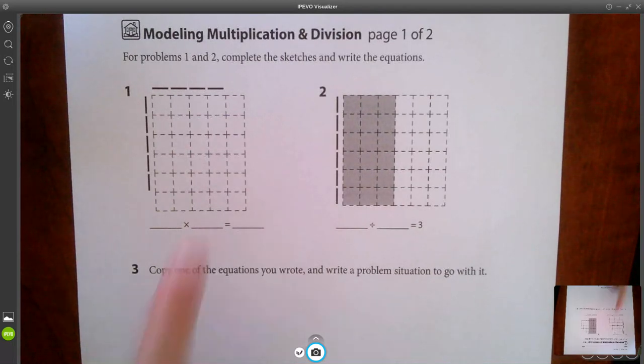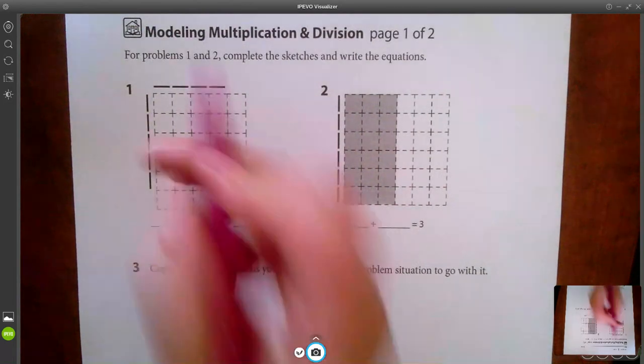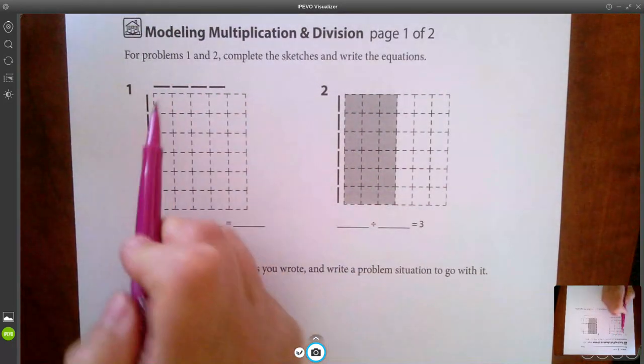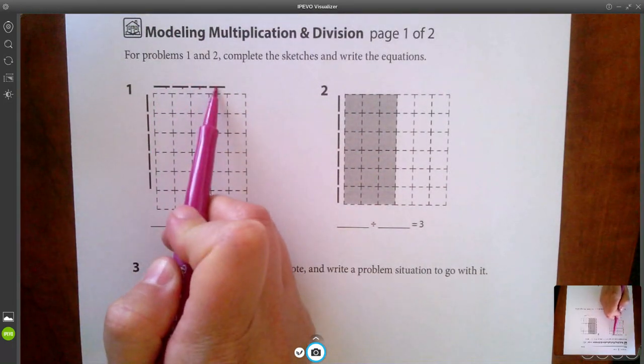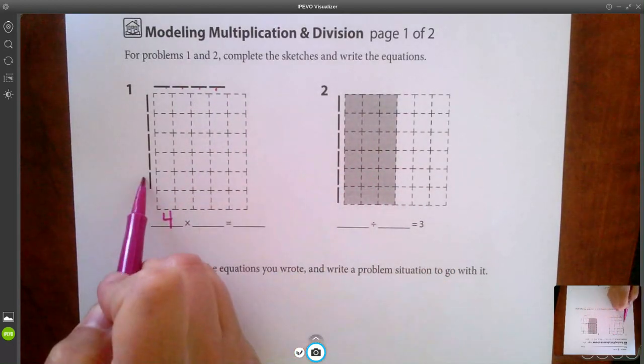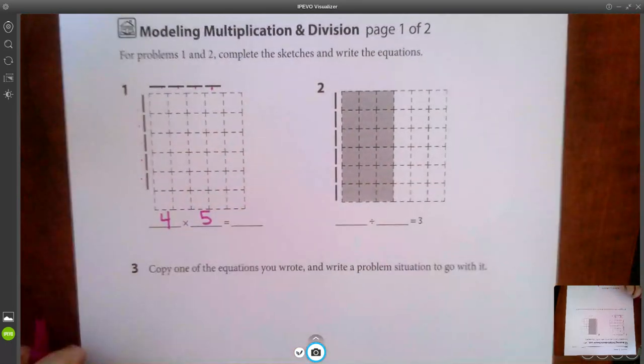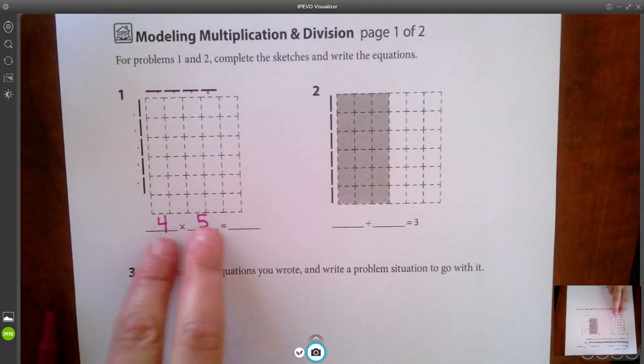Alright, number 1 and number 2 are just visual representations of multiplication and division. Notice that in the first picture, this picture is 1, 2, 3, 4 blocks wide, and it's 1, 2, 3, 4, 5 tall. So either 4 times 5 or 5 times 4, okay?